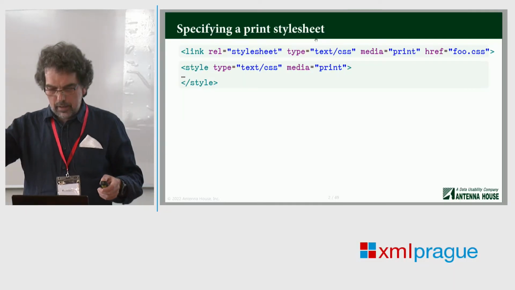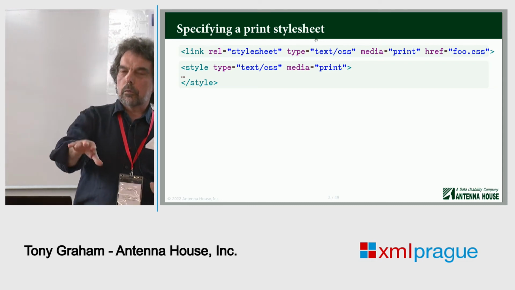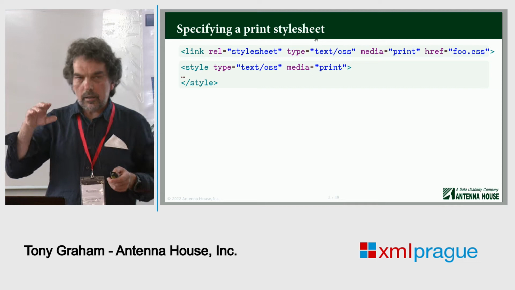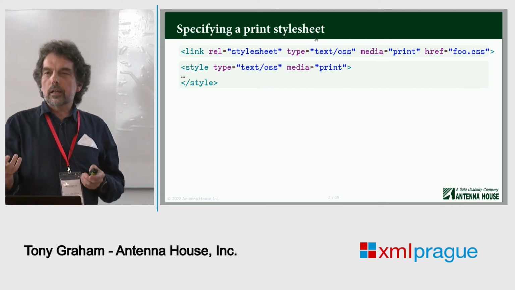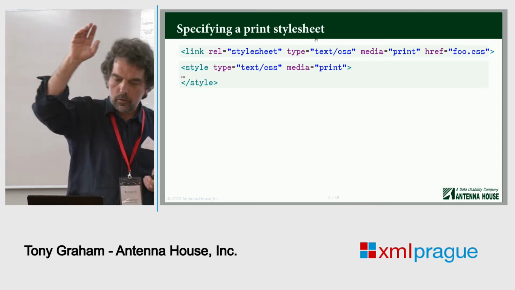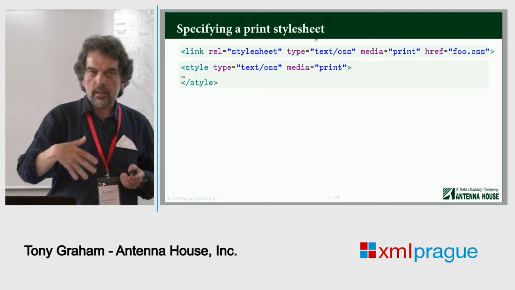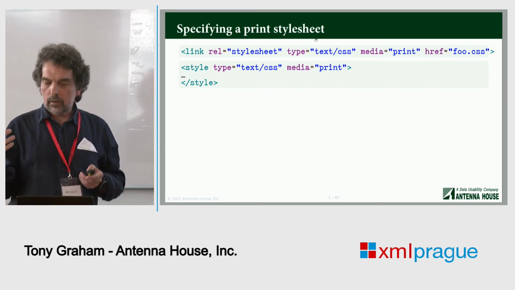To step back a step, the way that the browser or the formatter finds the CSS style sheets is either through a link element in the meta which points to an external style sheet, or to a style element which contains the CSS styles as part of the HTML document.